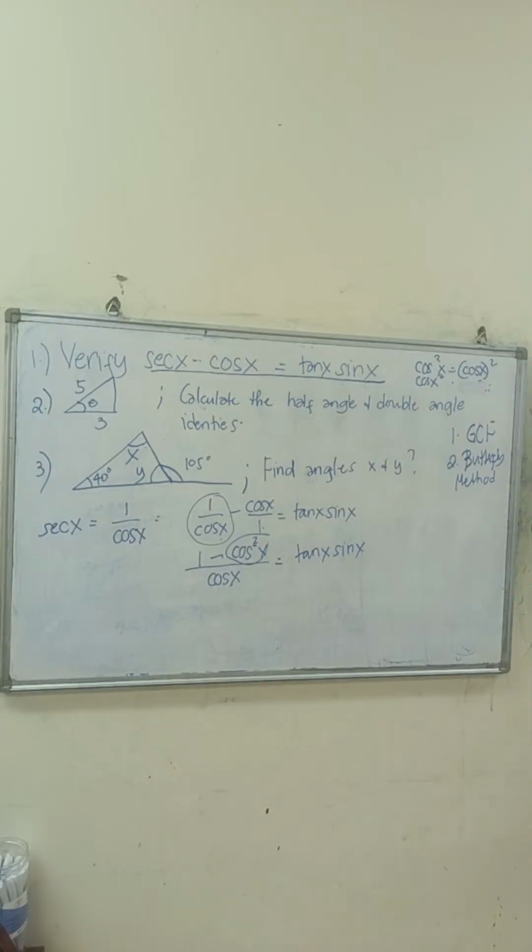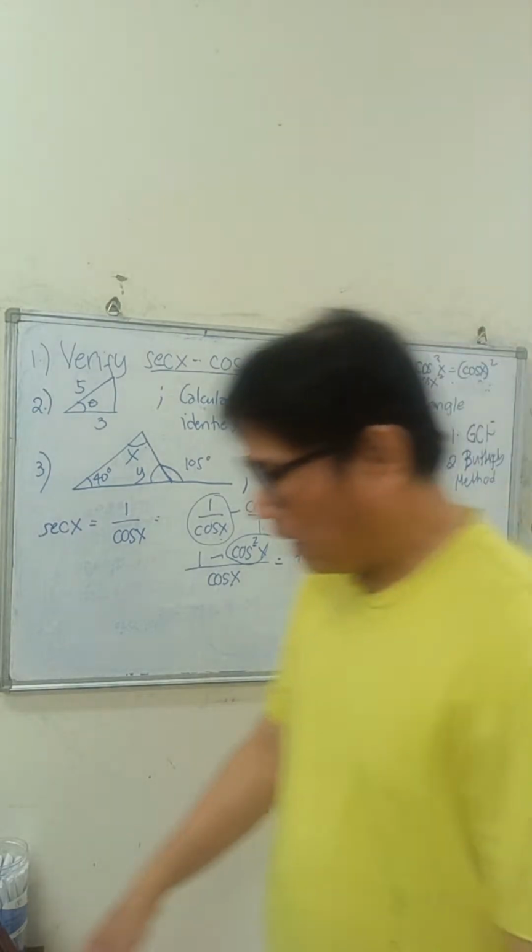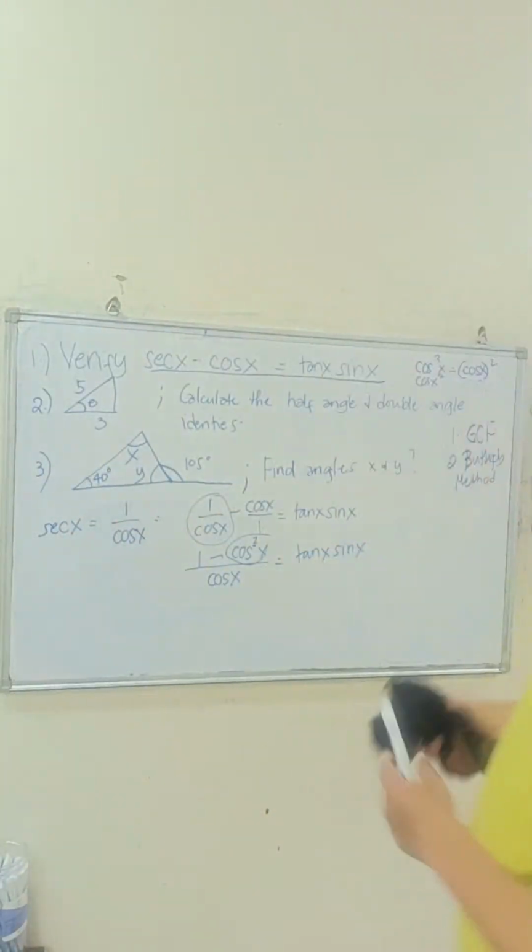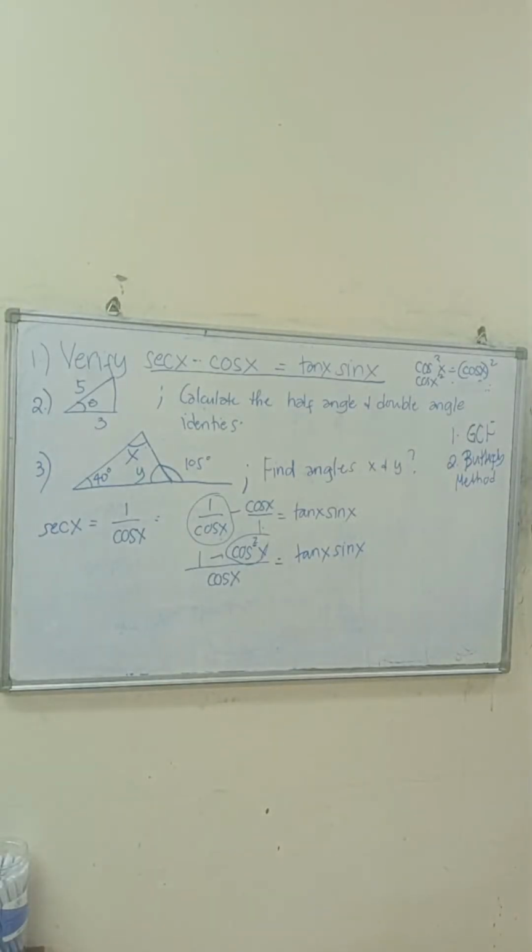That's why we memorize the trigonometric identities, to be confident in the verification and proving of trigonometric identities. Get the point? In a mathematics major, these trigonometric functions or verifying identities will always be there.